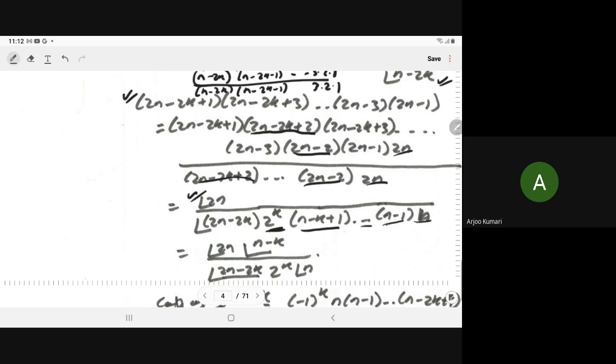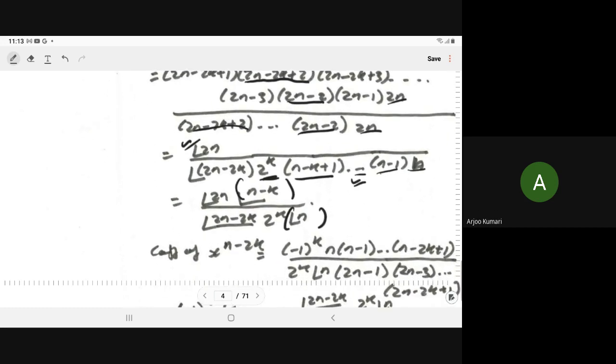So this can be written as factorial n upon factorial of (n-k). So in total it will become factorial of 2n upon factorial of (2n-2k) into 2^k into factorial n upon factorial of (n-k).